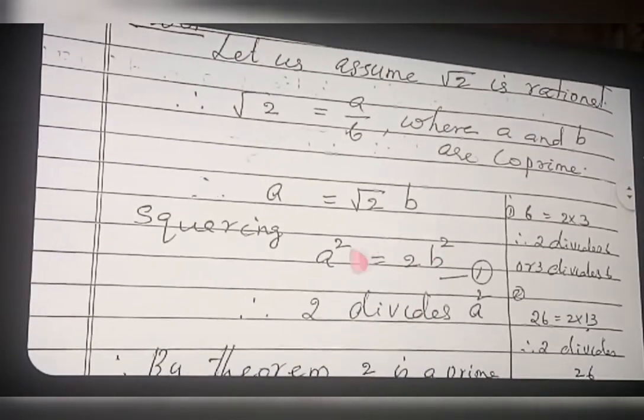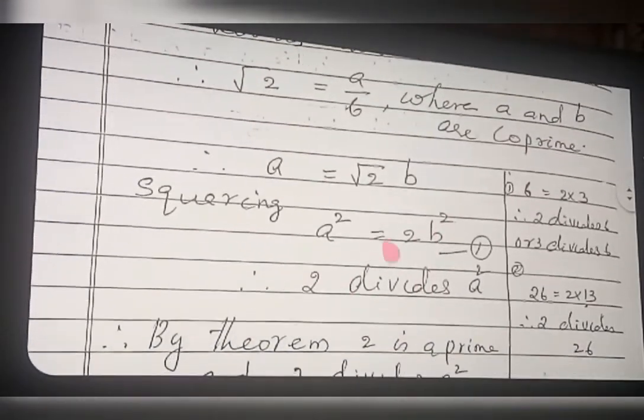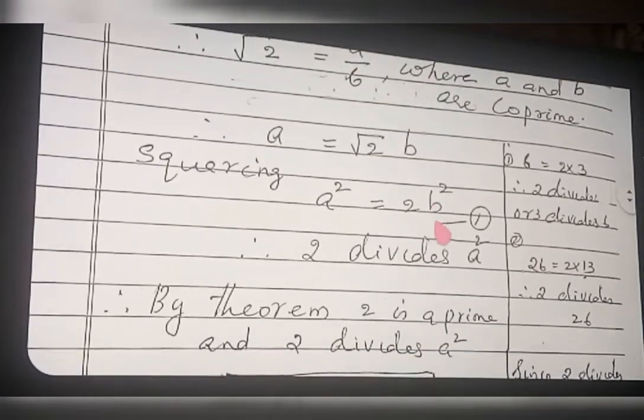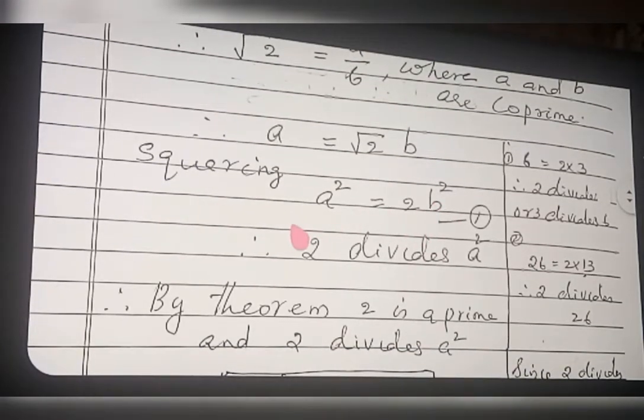Now you see, a square is equal to 2b square. The meaning is that 2 divides a square. See here, this is written for understanding. 6 is written in the form 2 into 3. The meaning is that 2 divides 6 or 3 divides 6. That is, 6 is divisible by 2.